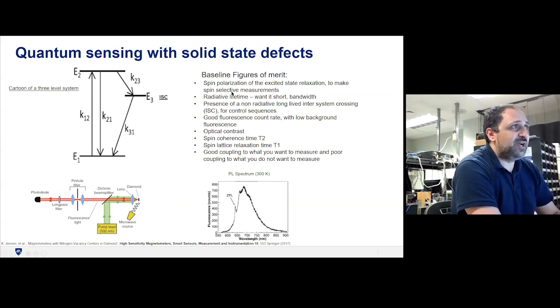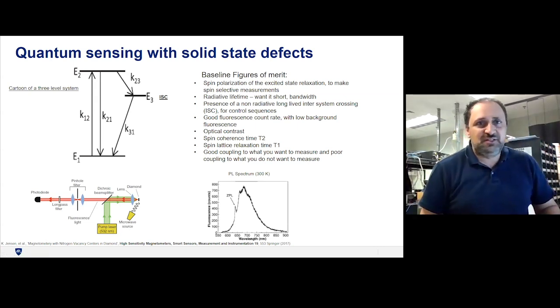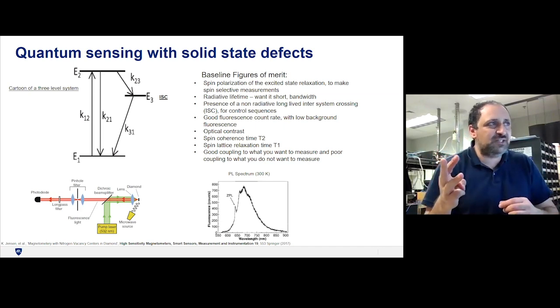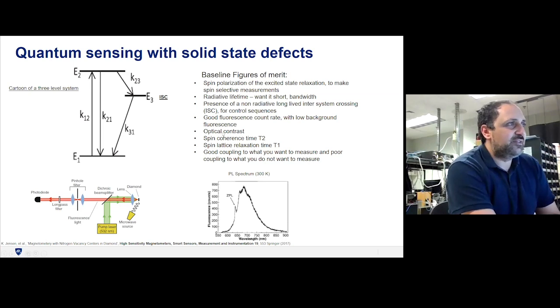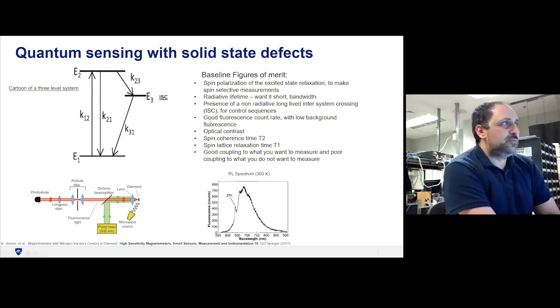Here are some figures of merit. With diamond, there's hundreds of defects, but maybe 3 or 4 are interesting. And it's because they have these properties where through optically pumping, you can spin polarize. So in the case of diamond, when you optically pump, you polarize it into the spin 1 state instead of being in the spin 0 state.